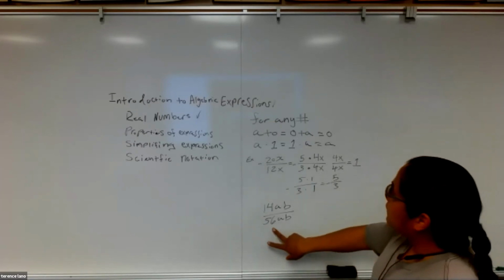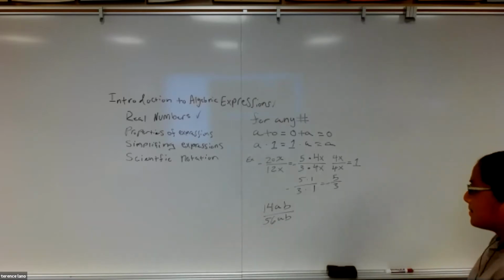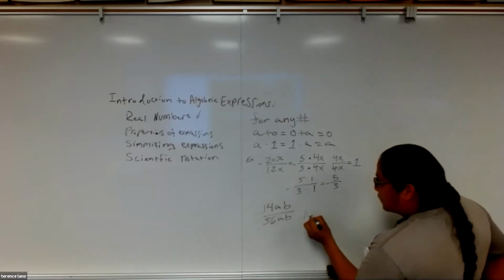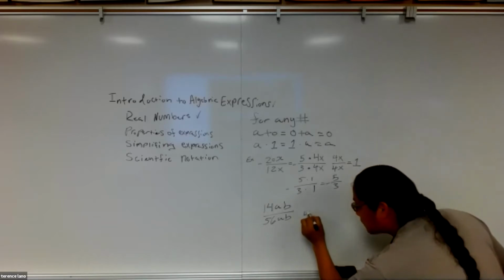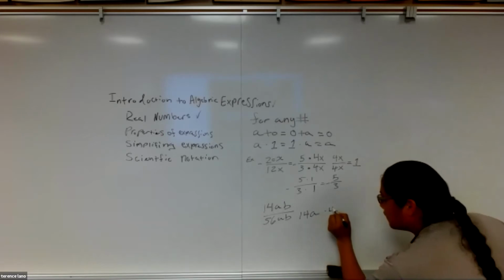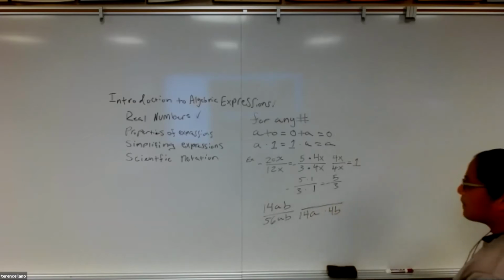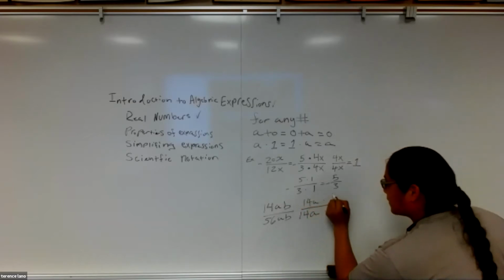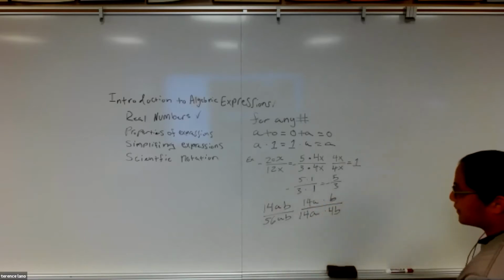And then the 56, we can break that up into 14A times 4B over 14A times B... 14A times 4B.